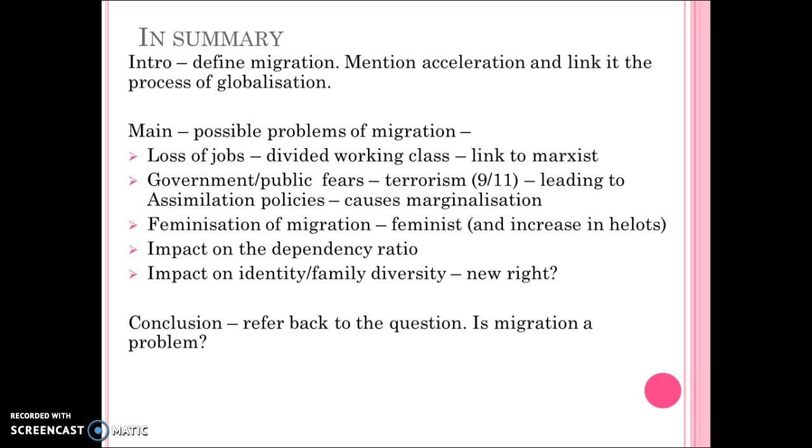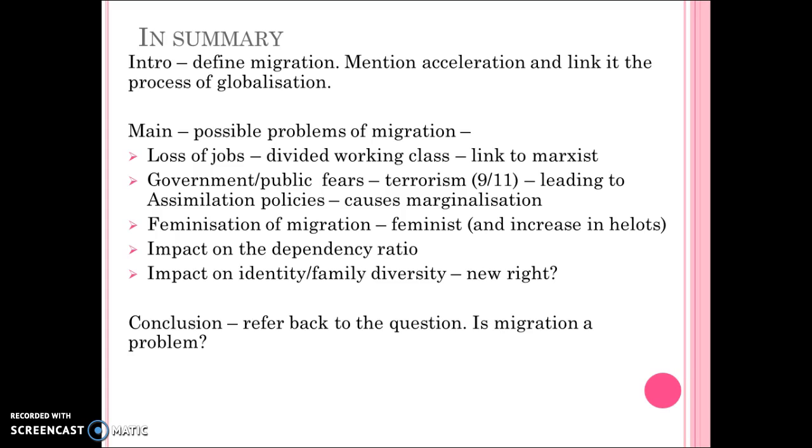Okay, and that creates this division between the working class, and you could link it to Marxism. Basically, within Marxism, just to put it simply, you've got the bourgeoisie exploiting the proletariat. To make that system work, you've got to have these processes of alienation and exploitation. And basically, if people aren't aware that they are being exploited by the ruling class, that means the system stays as it is, and it works.